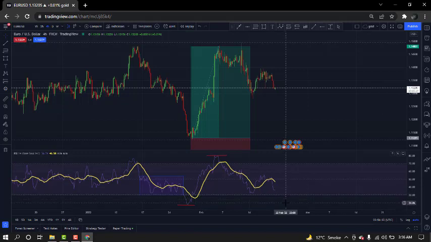But we mostly use this indicator with some other indicators. We merge them, we calculate, and we analyze these indicators combined, and then we conclude the market analysis, and then we take our positions, whether we want to sell or we want to buy.